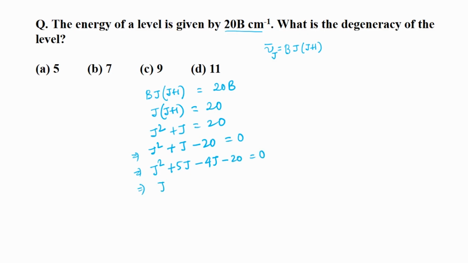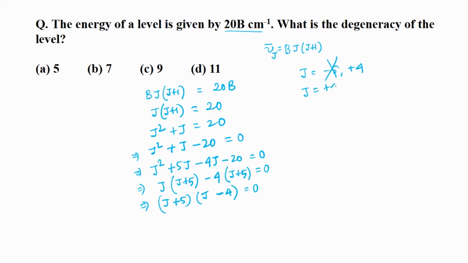That means, if I take j common, j plus 5, minus if I take 4 common, j plus 5 equals 0, or in other words j plus 5 and j minus 4 equals 0. So, the values that j can take is minus 5 and plus 4, but j cannot be negative. So, j cannot be minus 5. So, j equals plus 4.